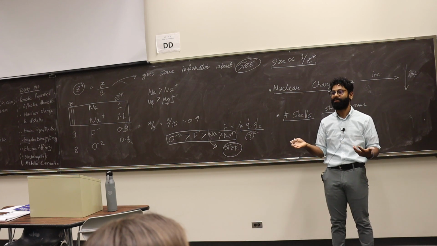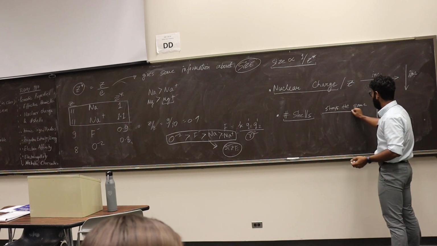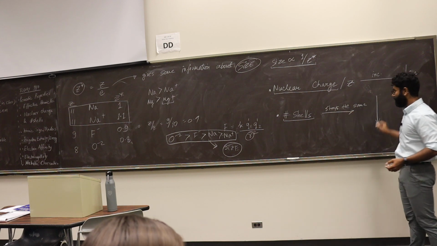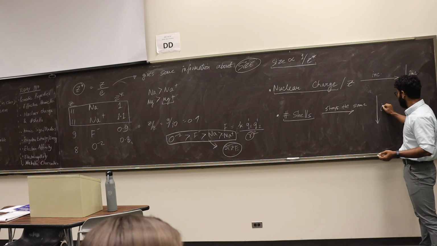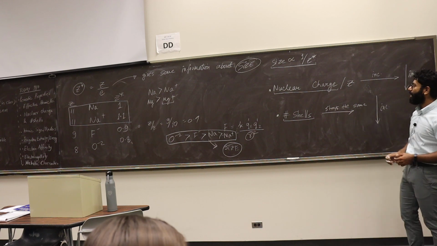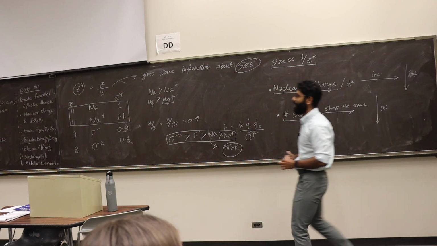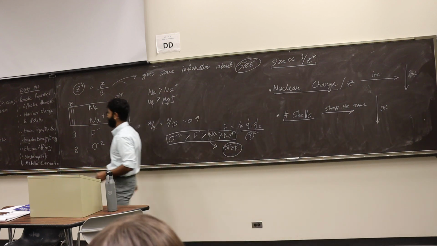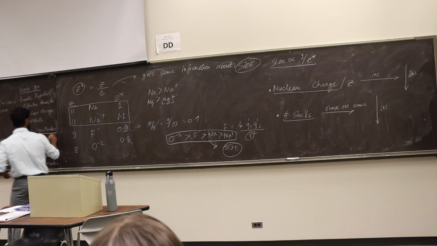That's the definition of how it is arranged. But when you are going down a group, the number of shells increases, right? So keeping in mind these two things, now we will try to understand these different properties. The first is atomic size.